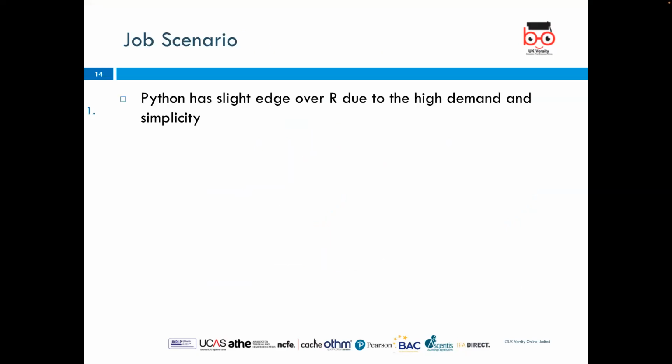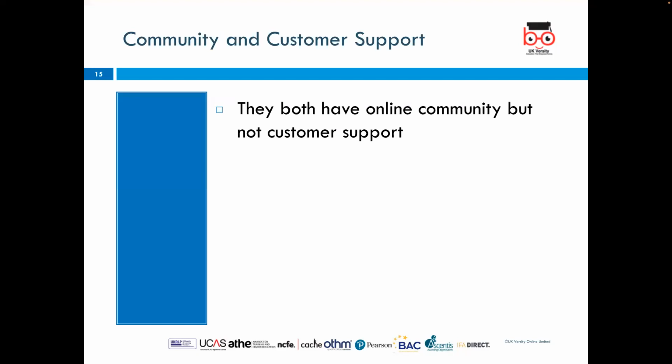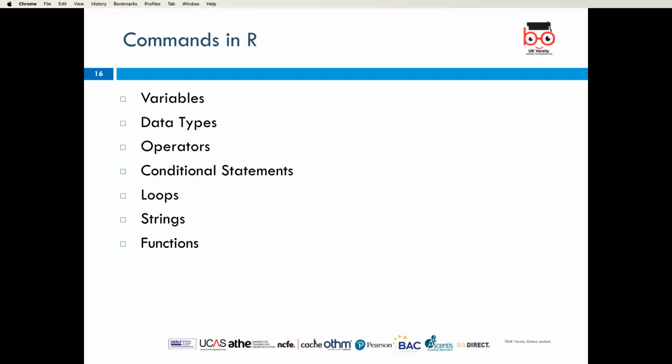Job scenario: Python has a slight edge over R due to the high demand and simplicity. Obviously, in most jobs and organizations, they prefer Python. Community and customer support: they both have online communities but no customer support.